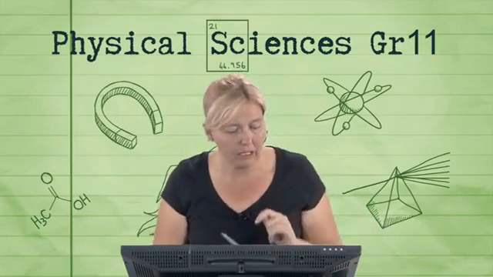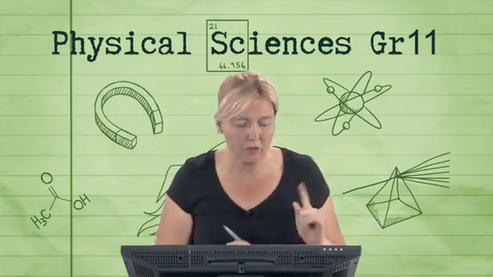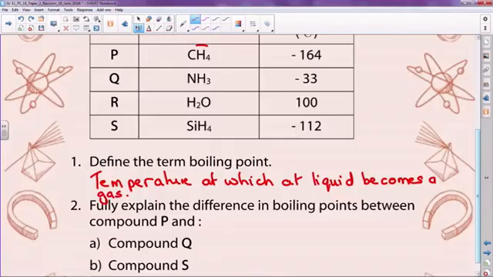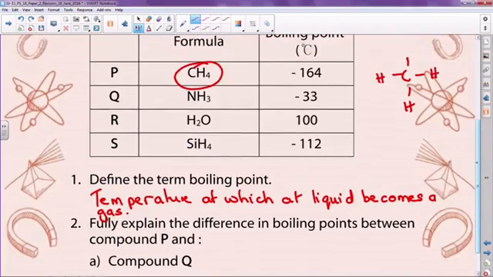Now we need to explain the difference in boiling points between compound P and compound Q. Compound P is CH4, and that's minus 164 degrees. Let me just draw out CH4. It's going to be a tetrahedral molecule. Remember I said I like drawing because it gives us a better idea of what we're looking at.